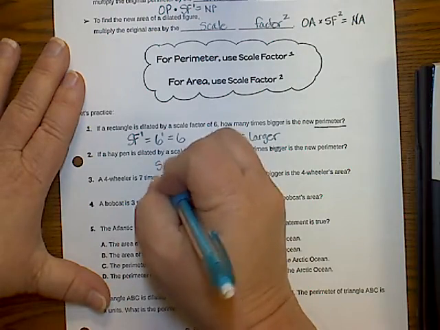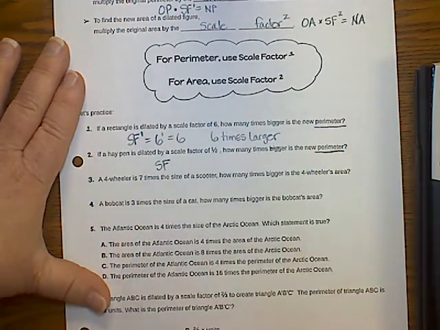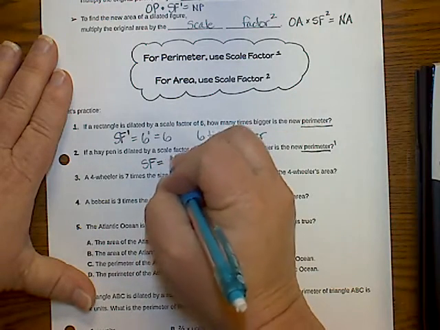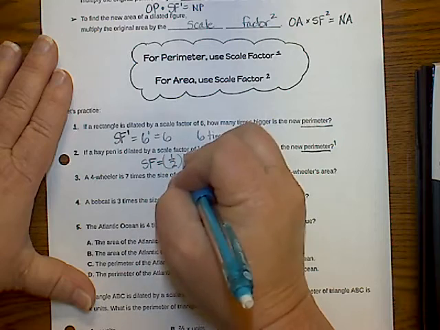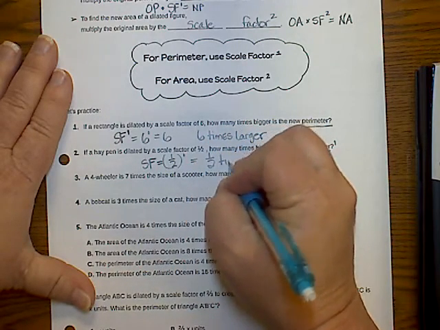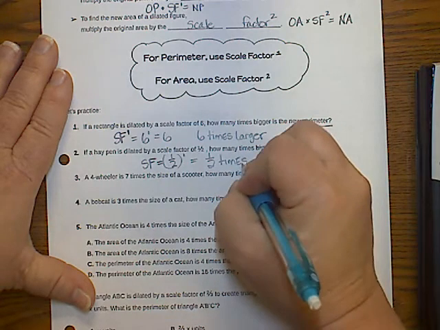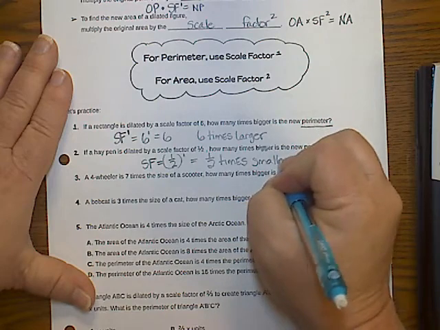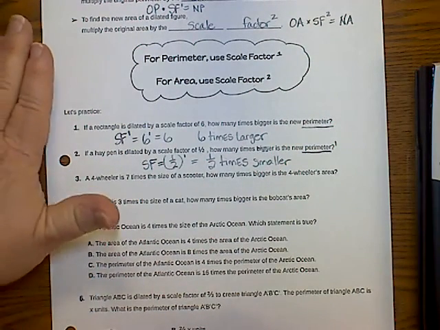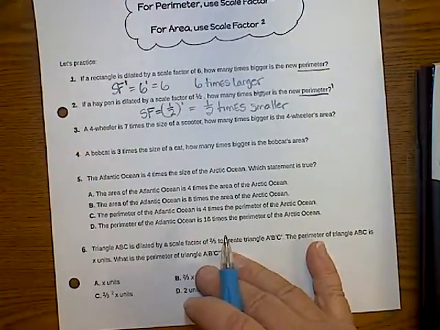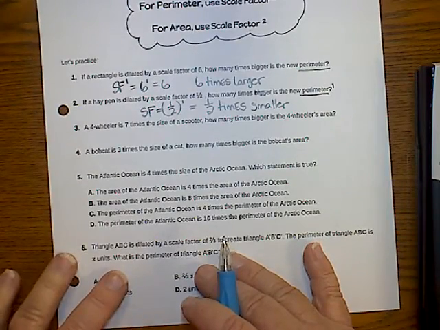Well, we're talking about perimeter, so the scale factor is to the power of 1, so 1/2 to the power of 1 is really just 1/2 times smaller, actually. Okay, so it will be smaller if you're multiplying by something less than 1. Because they didn't give us what the actual perimeter was, they're just wanting to know how many times bigger or smaller it's going to be.